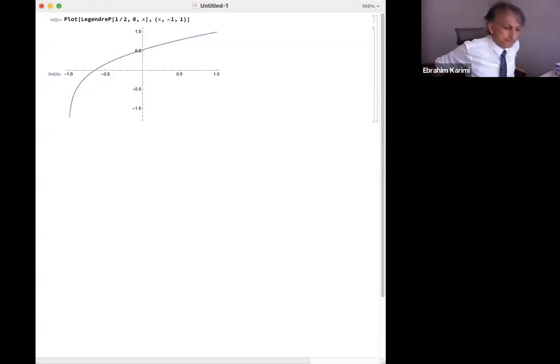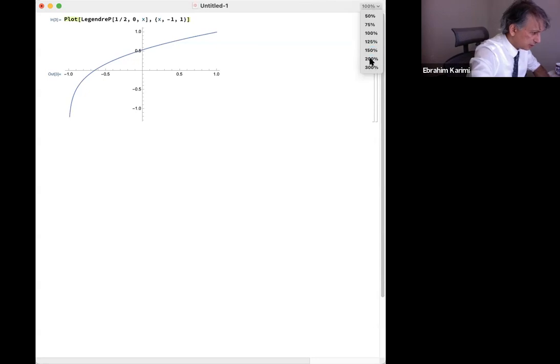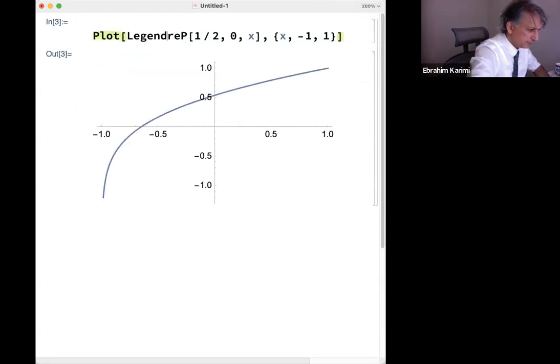Okay. Yes, perfect. Share the screen. Go with Mathematica. You should see it now. Okay. So that's a Legendre polynomial. So just to give you a hint, I think the size is fine. If it's not fine, I can just change it a little bit. Let's go to 100. Okay, good.